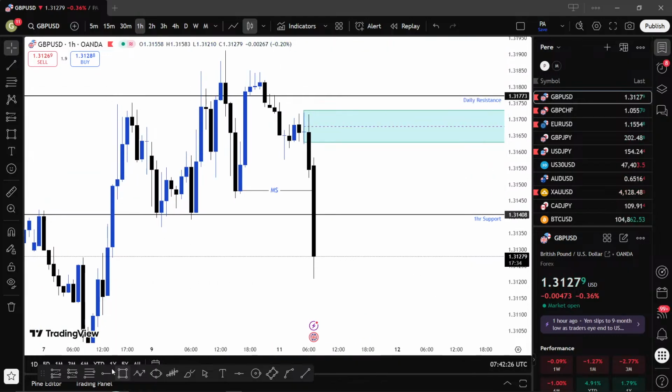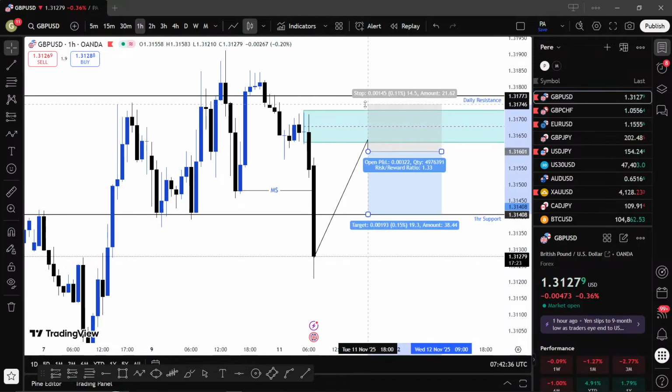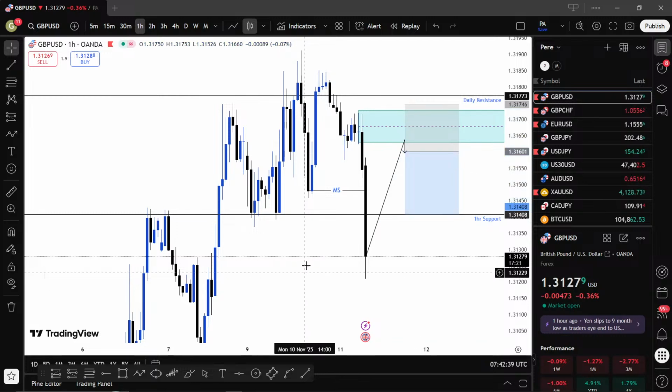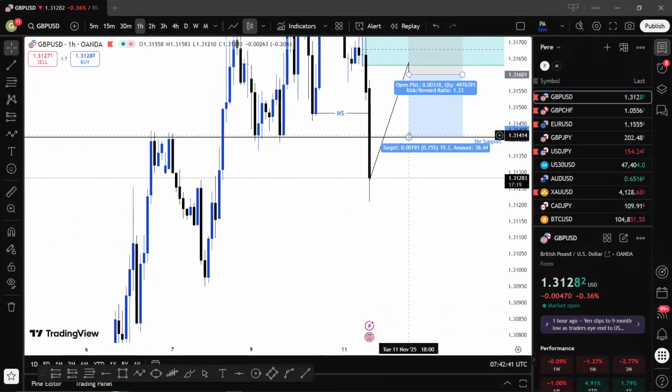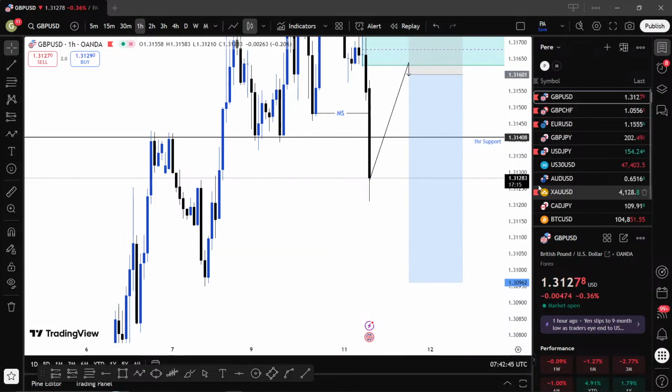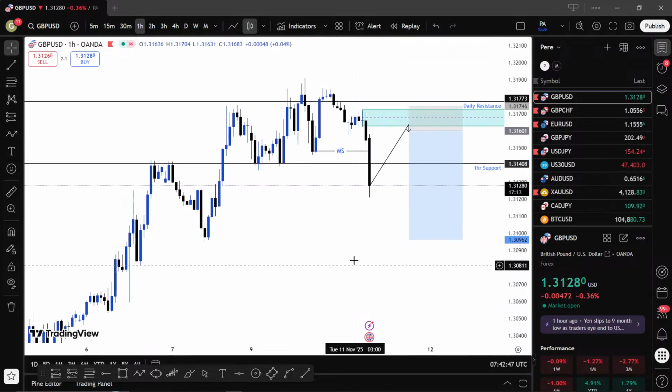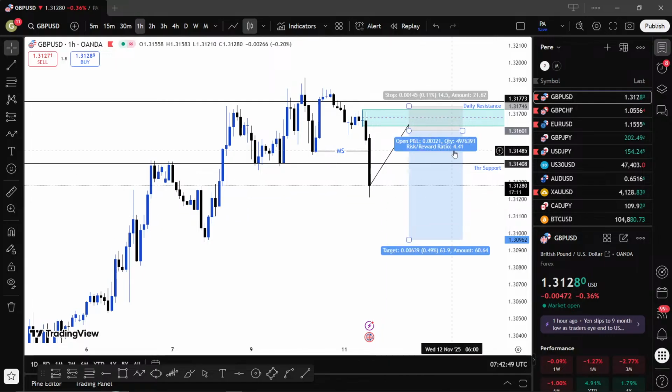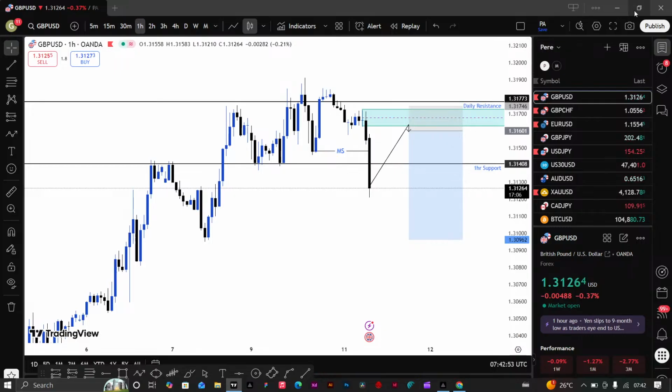So basically we just need a movement like this, something back here, a bearish close, then we short it, and we are good to go. Then we can aim for this low here. That's basically all we need with this market. It will be a very simple strategy, a very simple entry position.